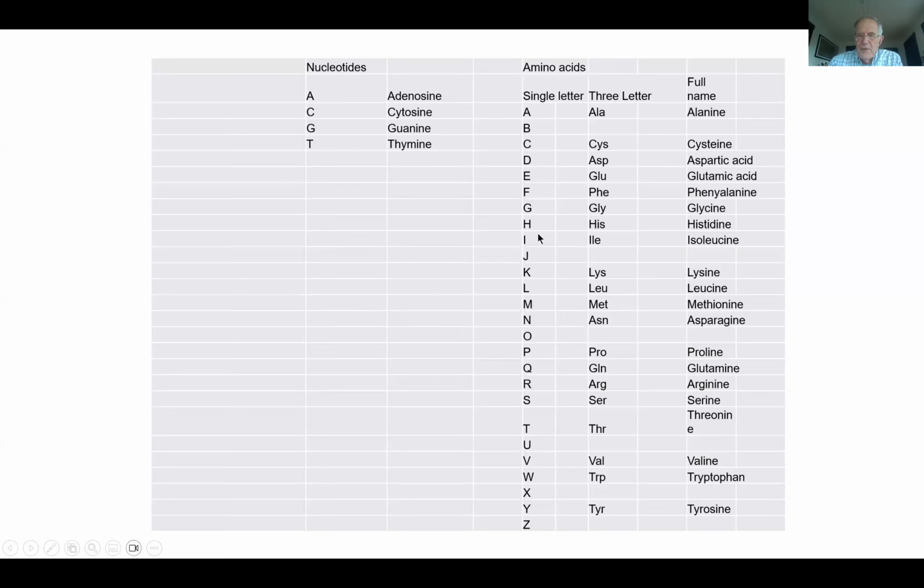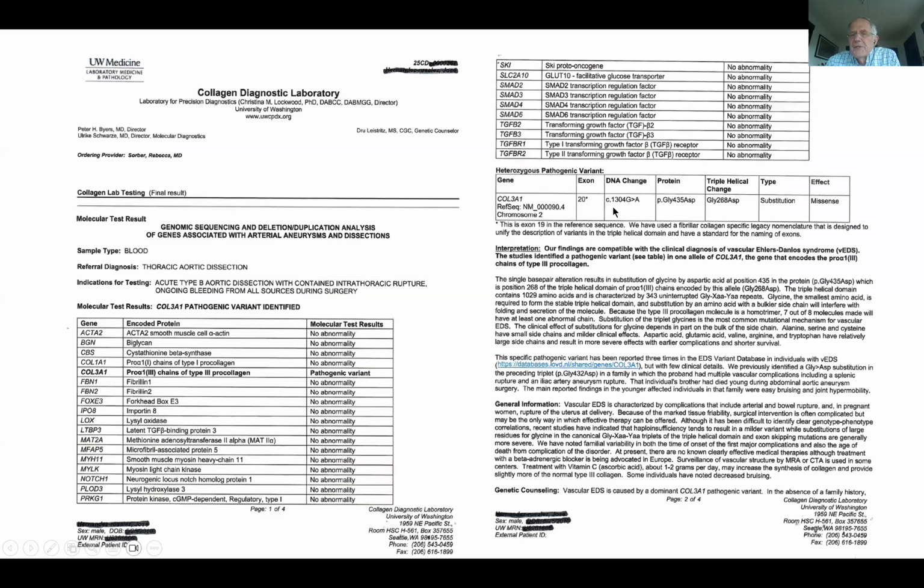Now there's a different format. If you notice in the c. or coding sequence or DNA change, the position in which it's altered comes first and the G to A comes afterwards. In the protein position, the normal sequence, the wild type amino acid, is first, then the position, and then the substituting amino acid.